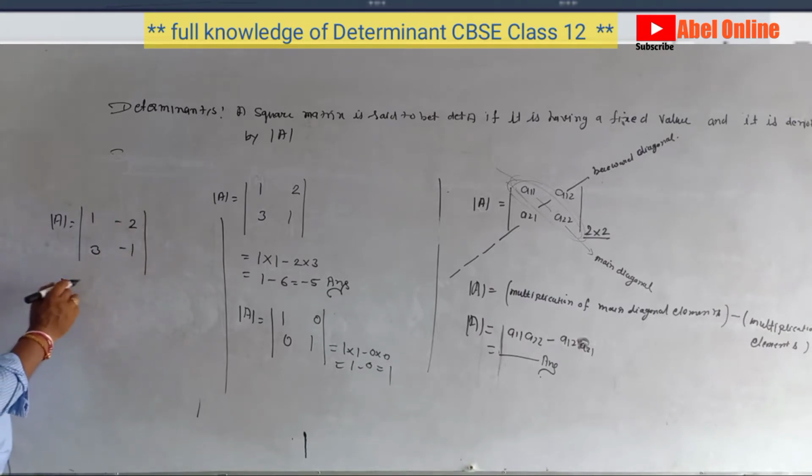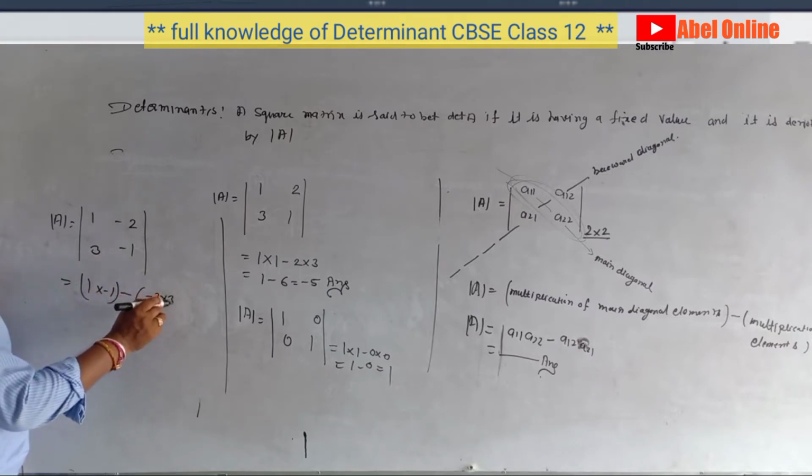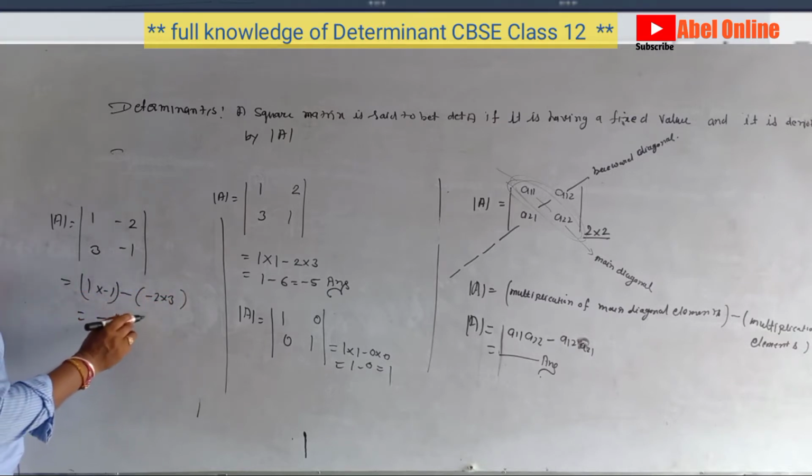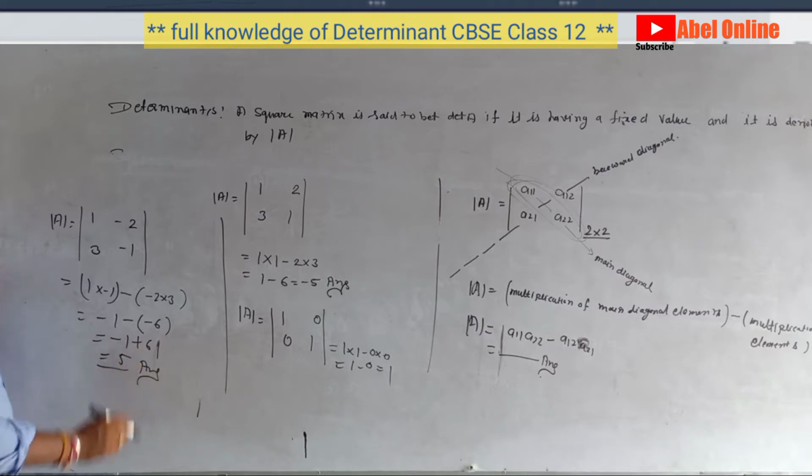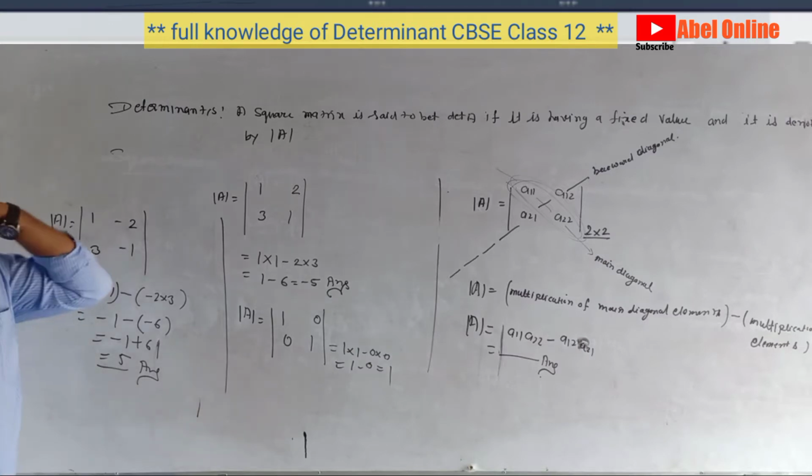Just multiply 1 into minus 1 minus 2 into 3, so it is minus 1 minus 6, which is minus 1 plus 6, so 5 is the answer, students. By this way we can find the value of a 2 cross 2 determinant.